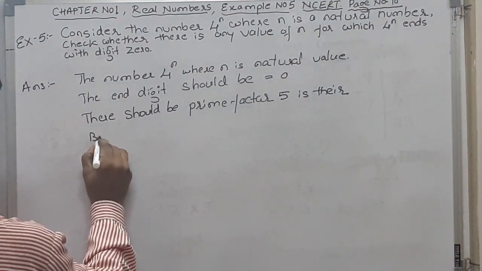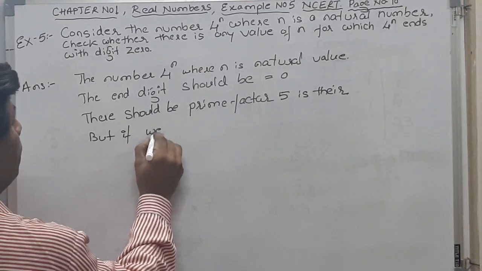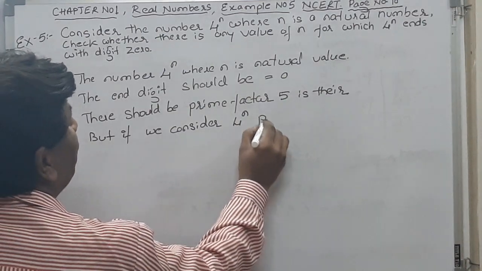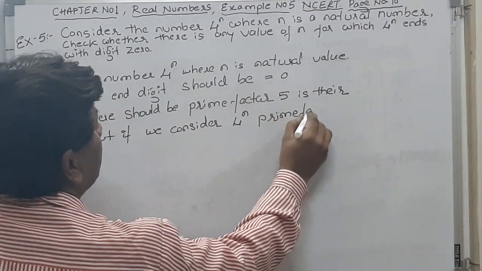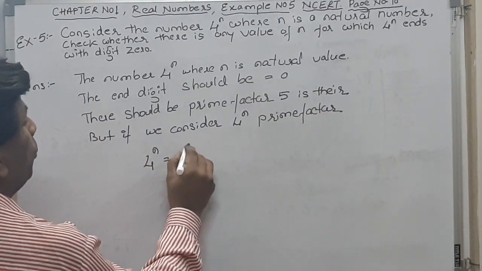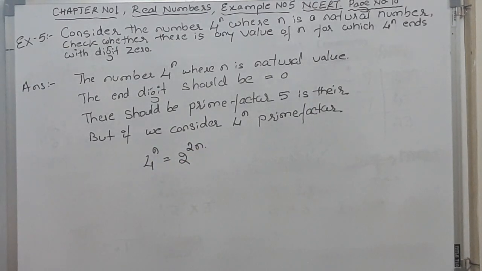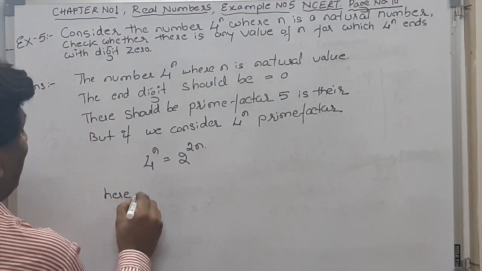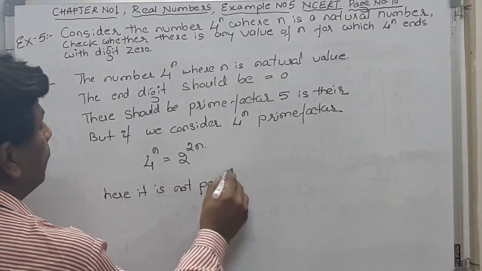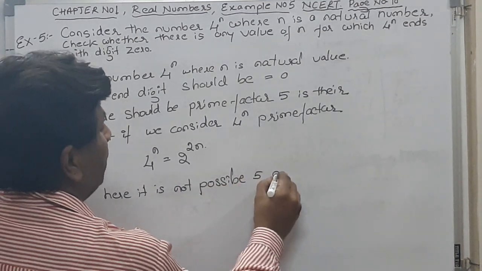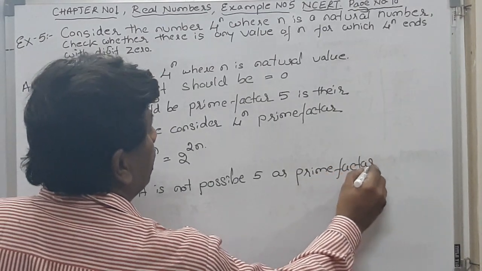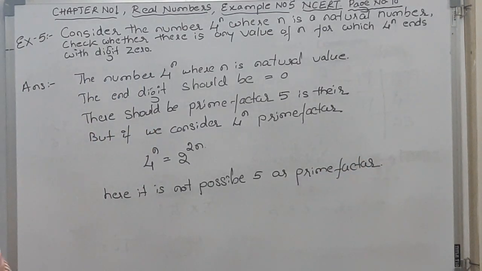But if we consider the prime factors of 4 raised to n, that is 4 raised to n equals 2 raised to 2n, here 5 as a prime factor is not possible. This is the answer, friends.